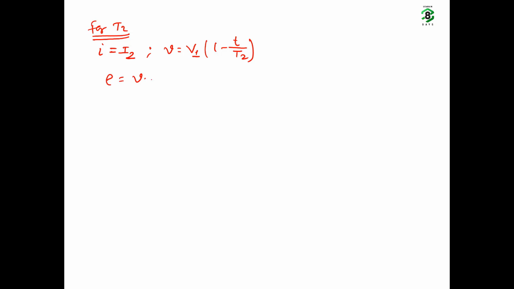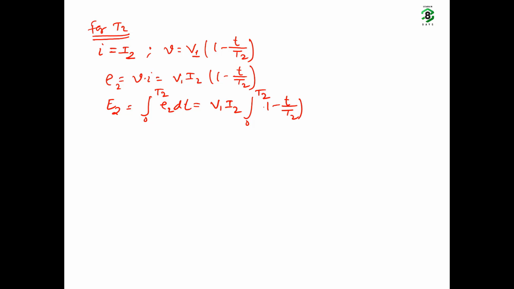So instantaneous energy V into I is equal to V1 I2 times 1 minus t by T2. So total energy we can get by using the integration of e2 dt. Put these values; V1 and I2 are constant, we have taken them out. 0 to T2, 1 minus t by T2 dt.